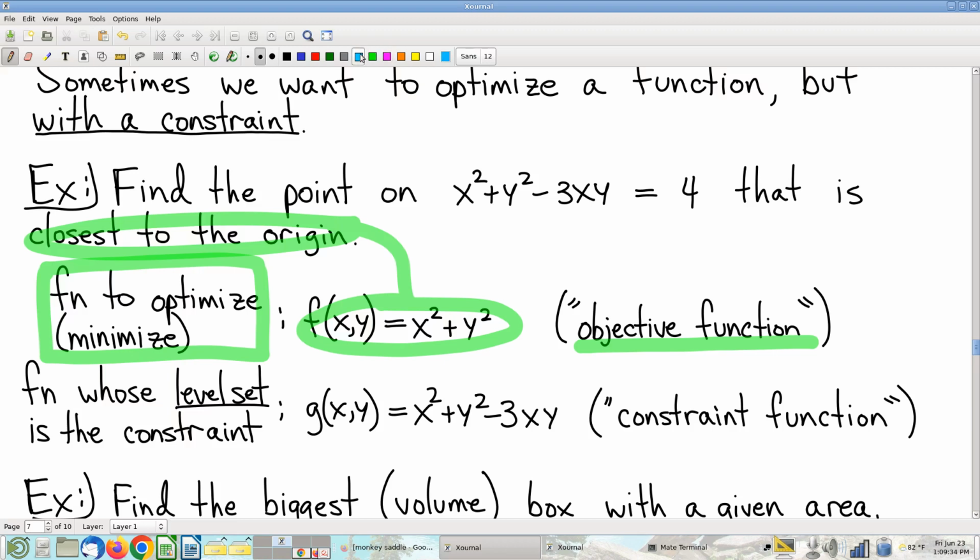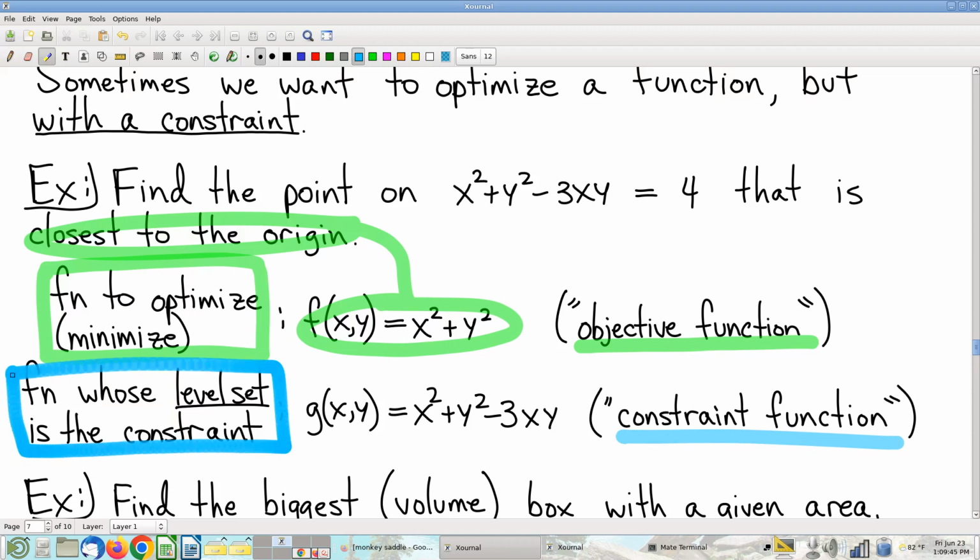The constraint function is a function whose level set, keyword, level set, one of whose level sets, defines what the constraint is.